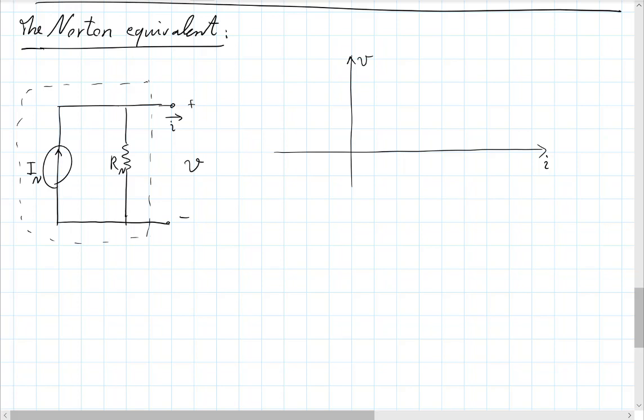So if I is 0, I have a circuit in which there is this current source, IN, going that way, right? I have a node up here. KCL will dictate that if I is 0, that entire IN should go this way, right?